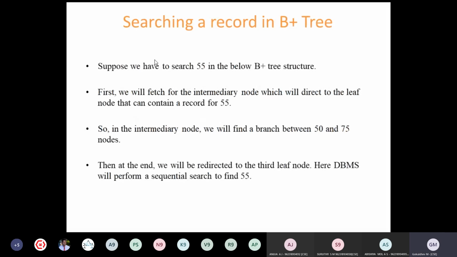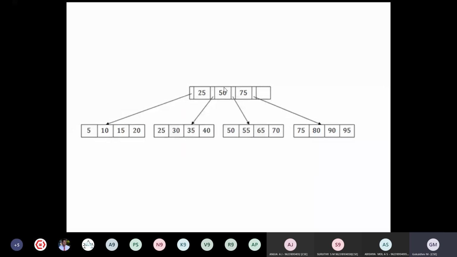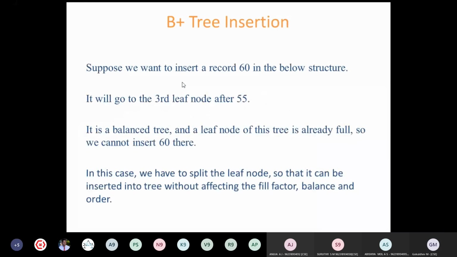I am interested in searching a particular record. We are given a key, but actually this key may be one such attribute value, or a key value for a record. This is not random numbers, right? This may be an attribute value which has the ability to behave as a key value, right? Now I am going to insert a record with value 60.